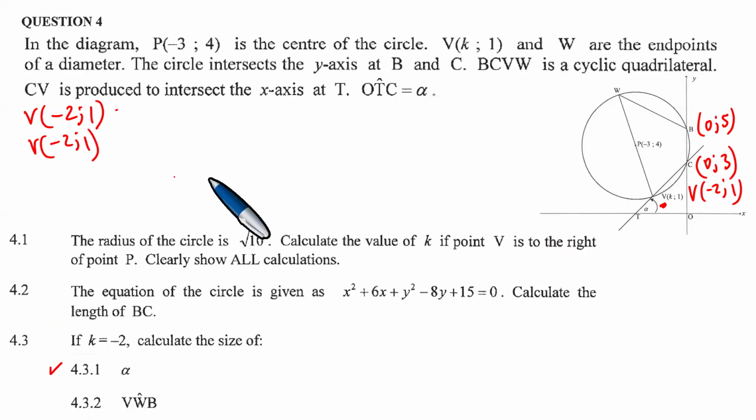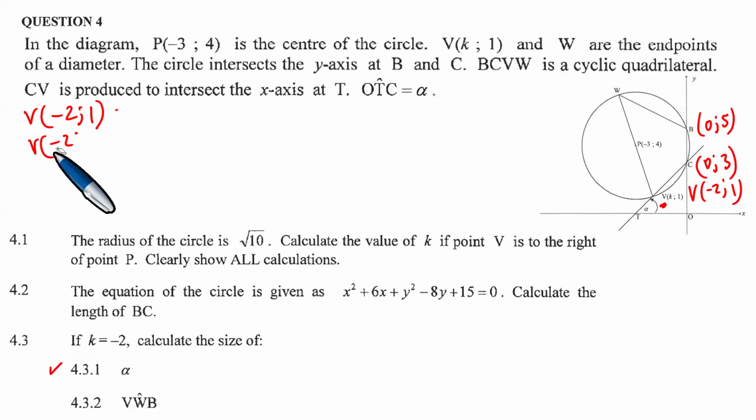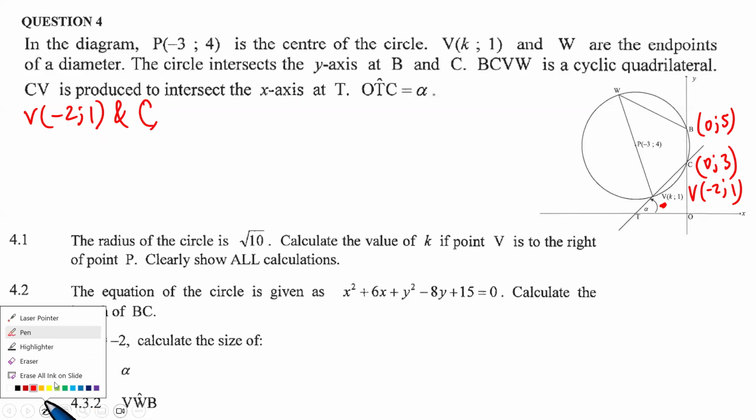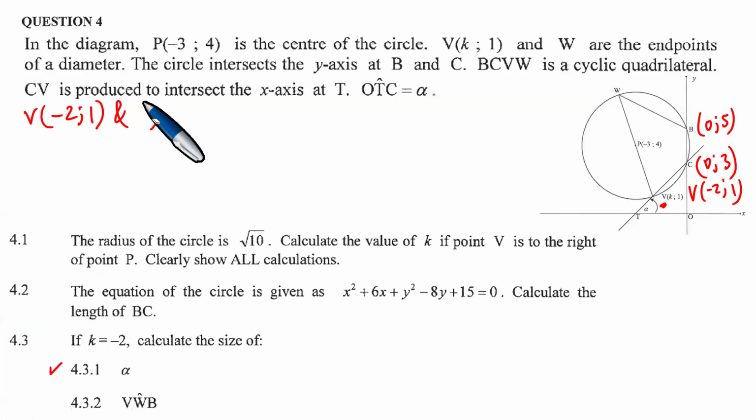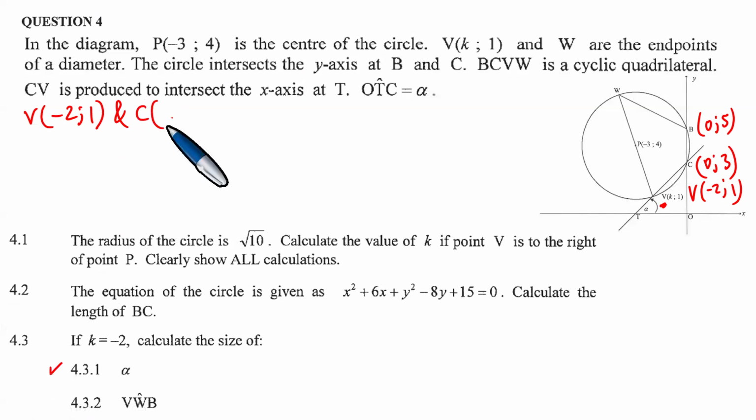I'd already written V, and then I want to write the other point, the point whose coordinates we know. We know the point C with the coordinates 0 and 3.